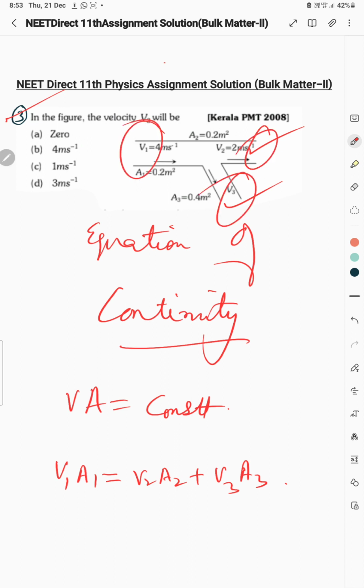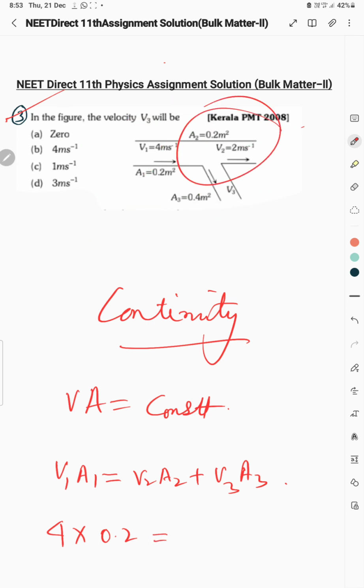So total input should be equal to total output. So now V1A1, you can check from here. It is 4 into 0.2 is equal to, we write from here, V2 into A2 plus V3, which we don't know, and A3 is 0.4.